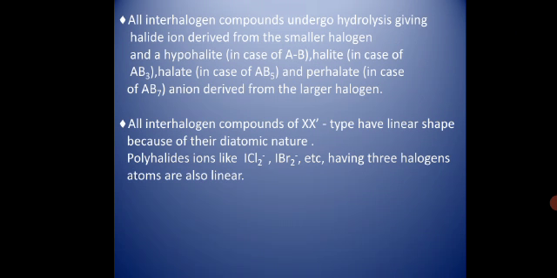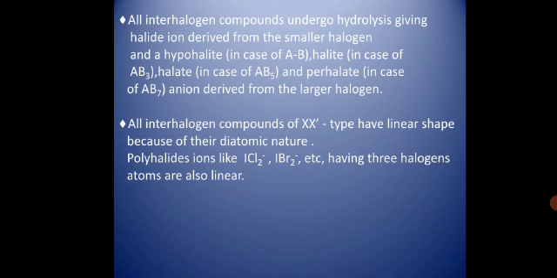Polyhalide ions like ICl2-, IBr2-, etc. have 3 halogen atoms and are also linear. Mind it, they are also linear. Got it? Interhalogen compounds are covalent in nature, you can write it down. This is due to the low electronegativity difference between halogens.